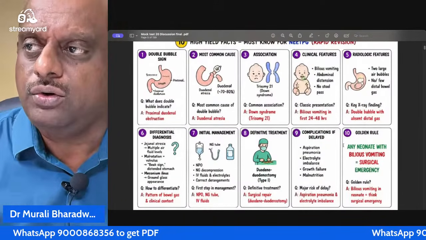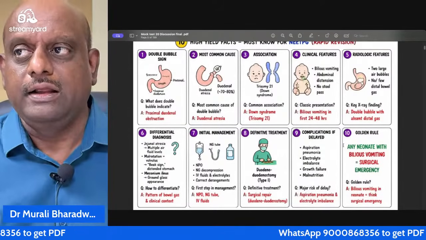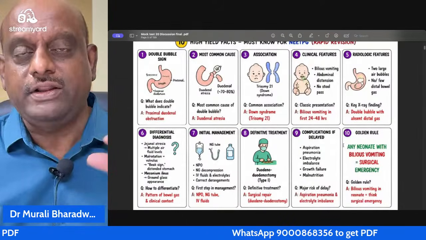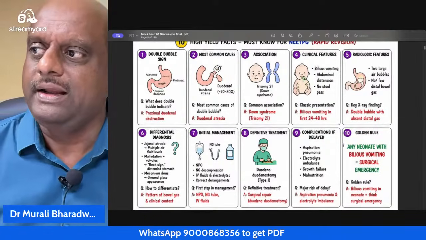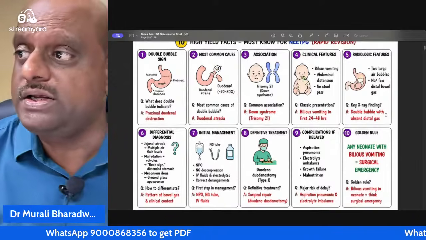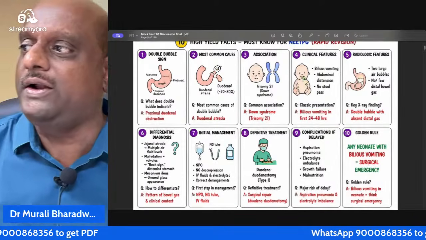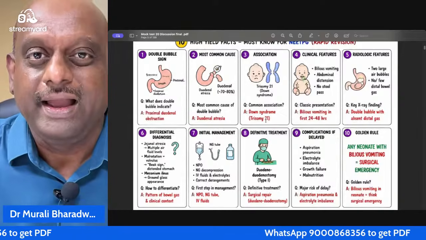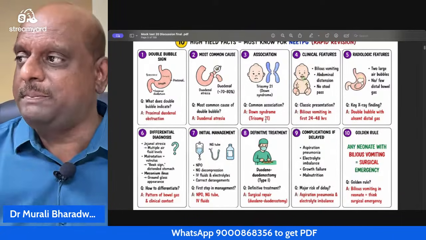So you need to know a few things about what is meant by the double bubble sign whenever there is any duodenal atresia, duodenal obstruction, right? And commonly duodenal atresia is associated with Down syndrome is what you need to remember. And how does duodenal obstruction, atresia present?